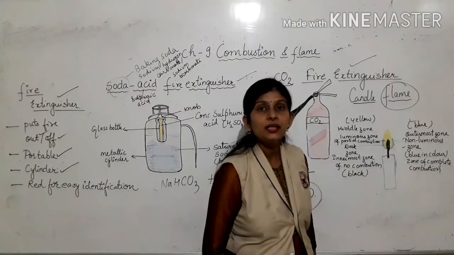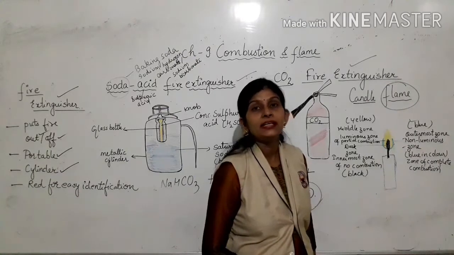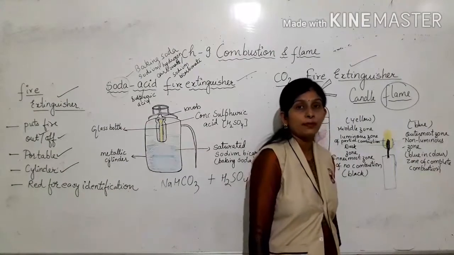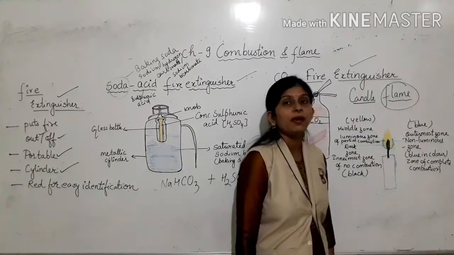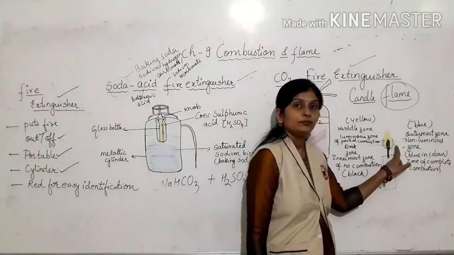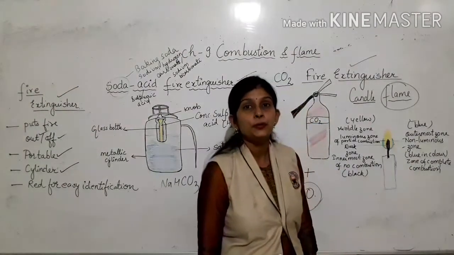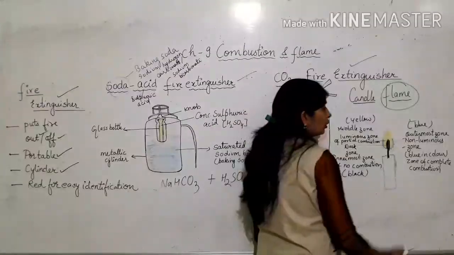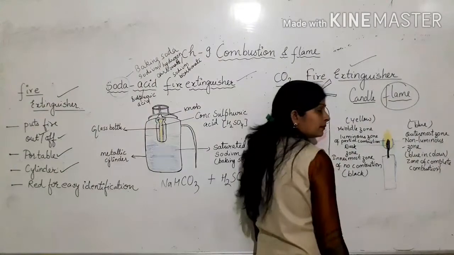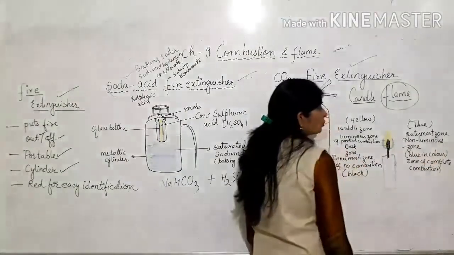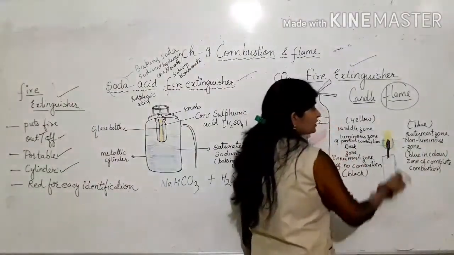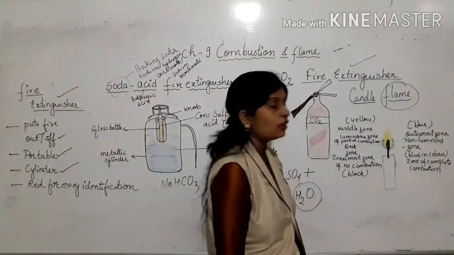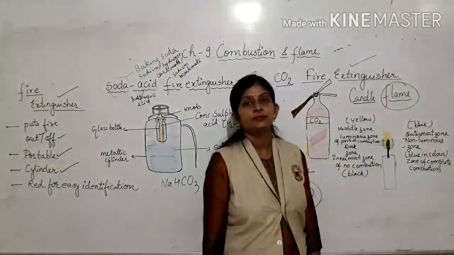Their combustion takes place completely. So, due to complete combustion of wax vapors in the sufficient supply of oxygen, a blue flame is produced. So this outermost zone of the candle flame is the non-luminous zone and it is blue in color because here wax vapors get a sufficient supply of oxygen for complete combustion.